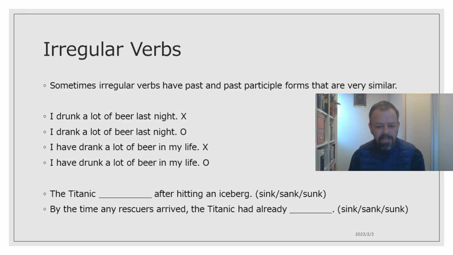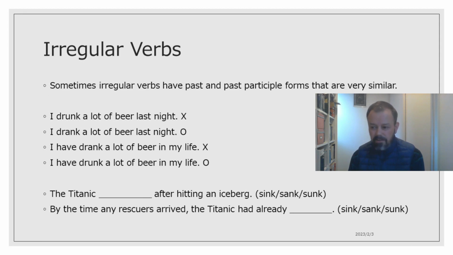So I think drink, drank, drunk, sink, sank, sunk are two of the trickiest ones to understand. Drink, drank, drunk in particular is difficult because drunk, the past participle, is already another word.